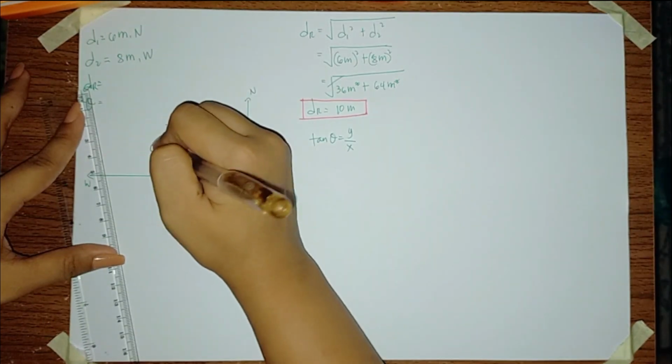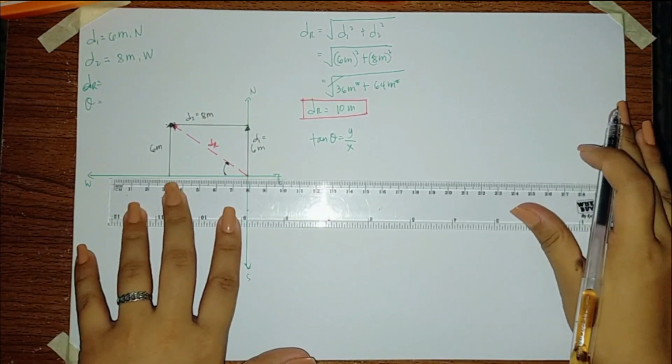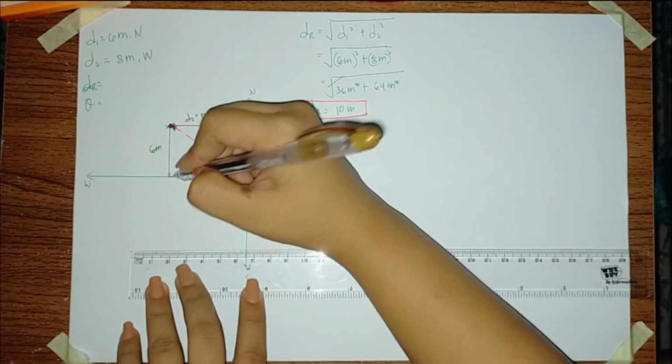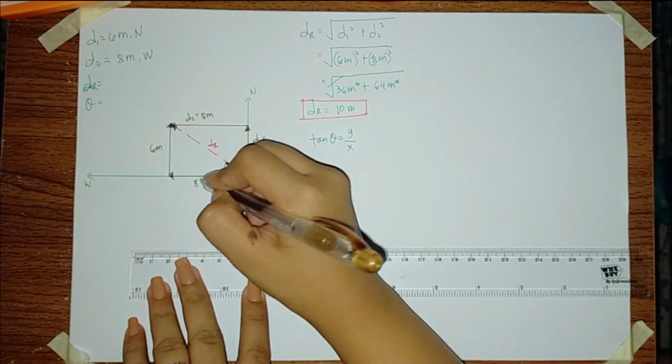So, this is also 6 meters. And then, below is also the same as what is above. This is 8 meters.